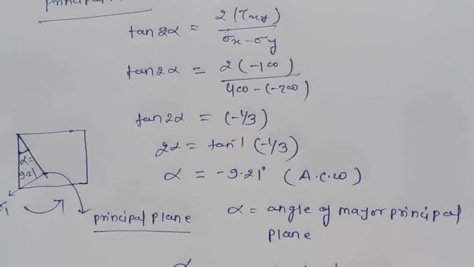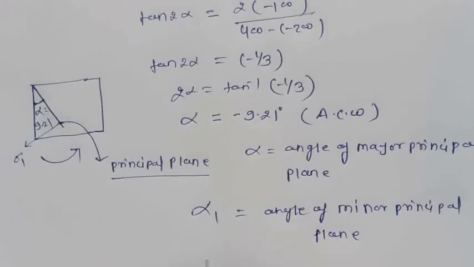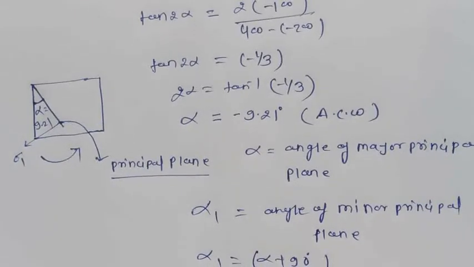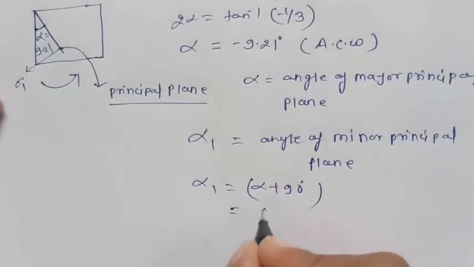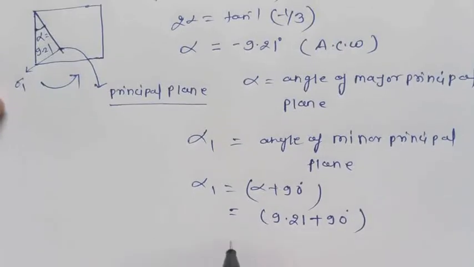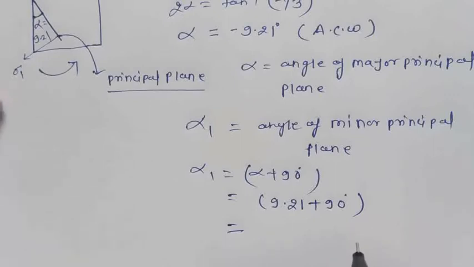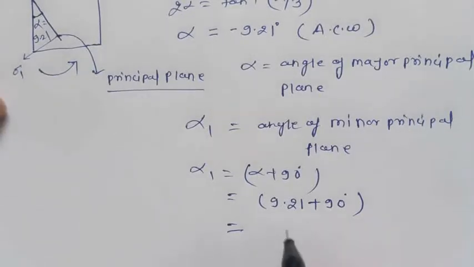And alpha 1 plus 90, that is the angle of the minor principal plane, which is nothing but alpha plus 90 degree. So here, since alpha has anti-clockwise sense, if I calculate 9.21 plus 90 degree, it will be 99.21 degree.